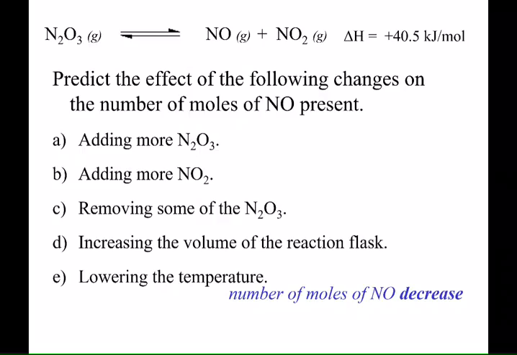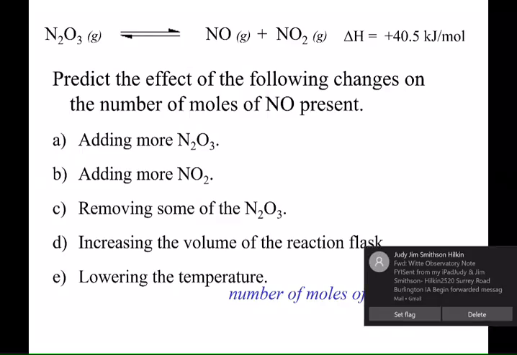So it's endothermic. You guys are totally right. Because it's endothermic, I put heat over here just like I did up there. And if I lower the heat, it's going to favor the reactant side. And what we're asking about is a product. So it's going to decrease. You guys got it right. Good. Okay.